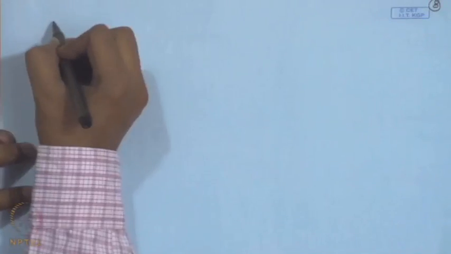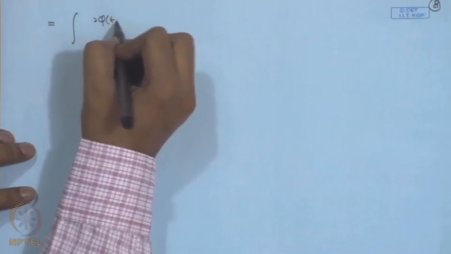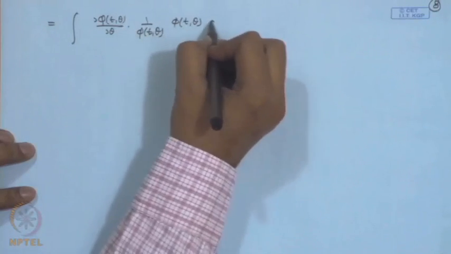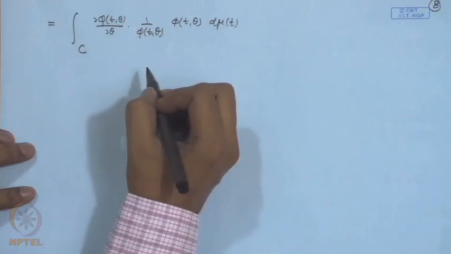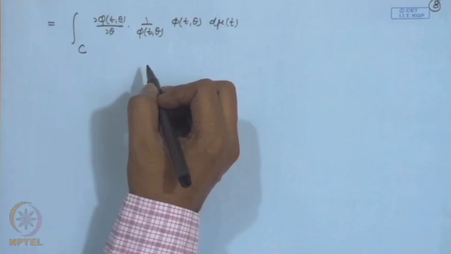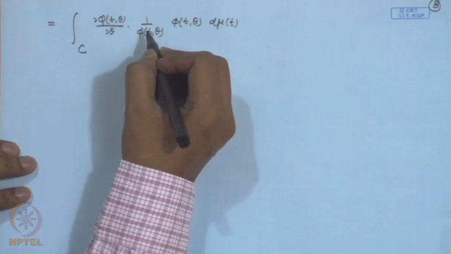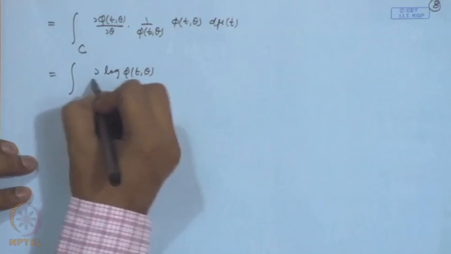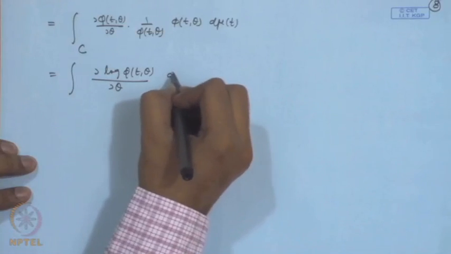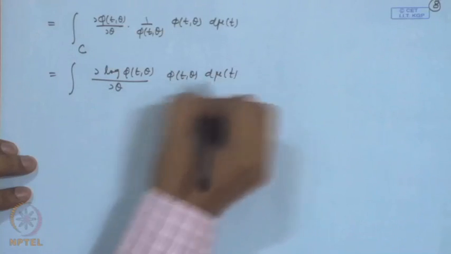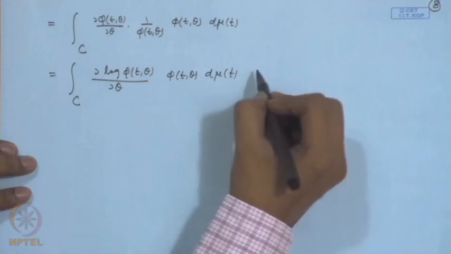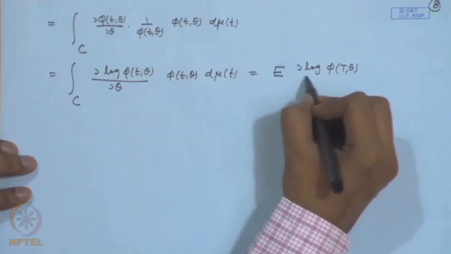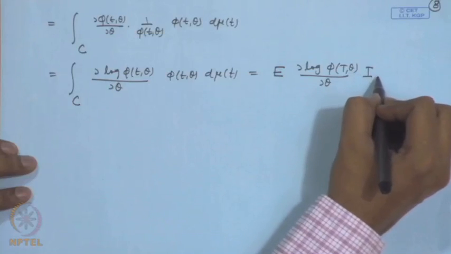So, we get del phi by del theta times 1 by phi(t, theta) times phi(t, theta) d mu_t over the set C. So, now this becomes nothing but the derivative of log of phi(t, theta) d mu_t over the set C. This is nothing but the expectation of del log phi(t, theta) by del theta times the indicator function of the set C.